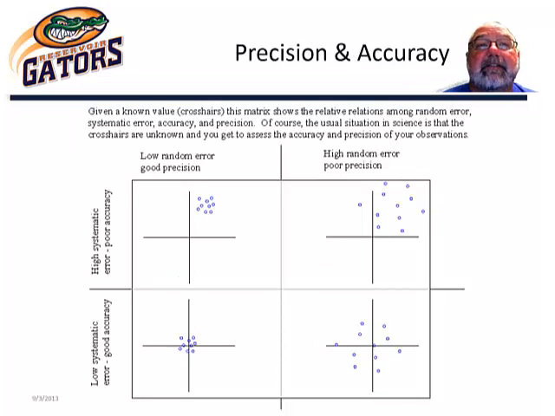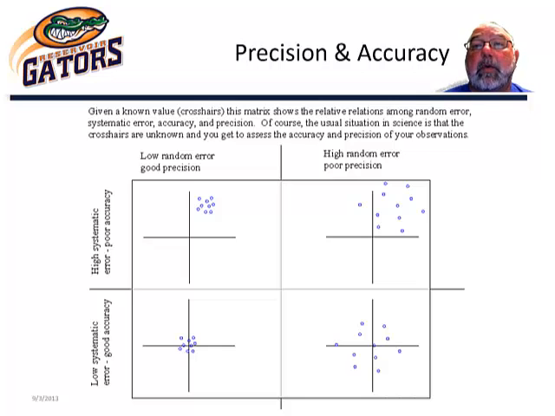Now if we look at this graphic here, that's the graphics that we've seen plus one other. It shows good precision in the upper left-hand corner, but not so good accuracy. So what we're saying is that we have precise measuring tools. There's very low random error, but we have systematic error, meaning that all of our measurements together are being thrown off the actual value by the same amount.